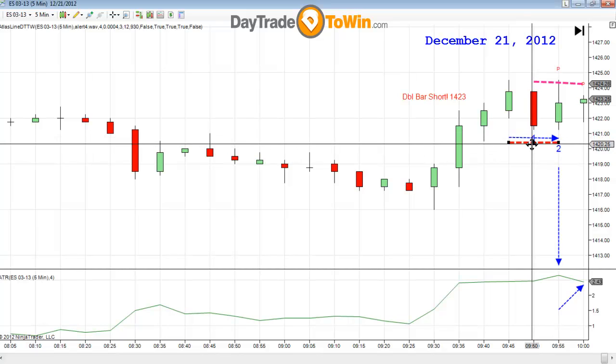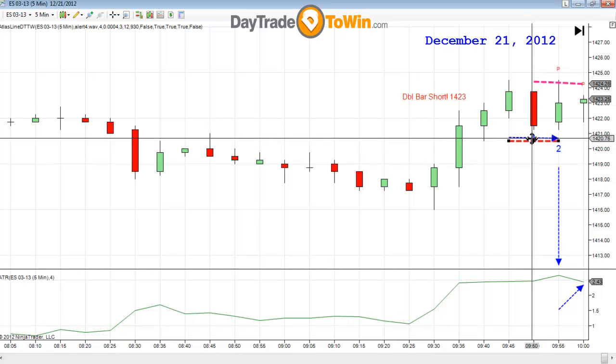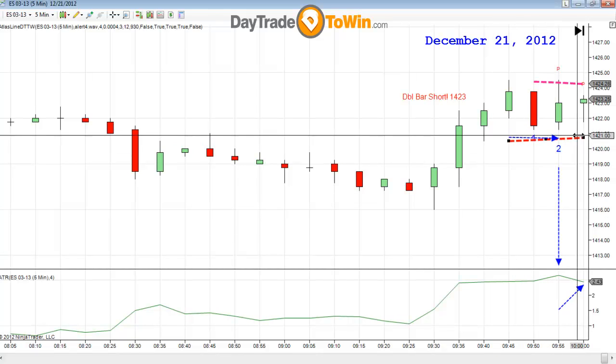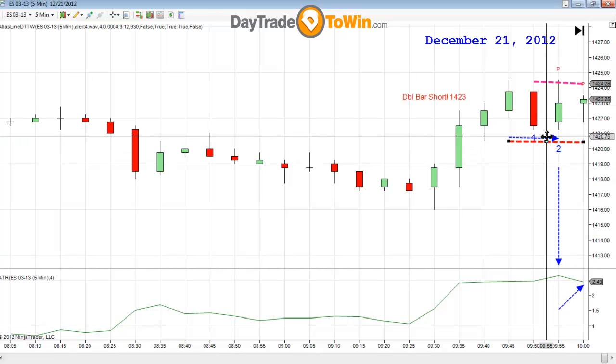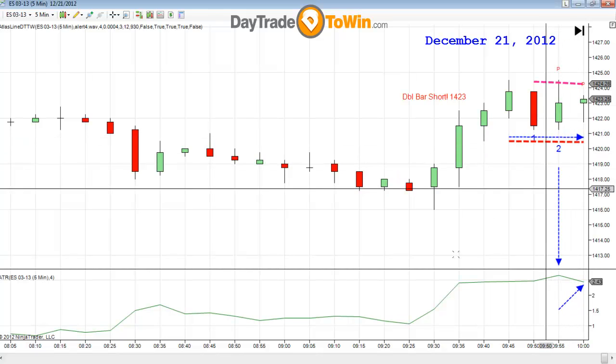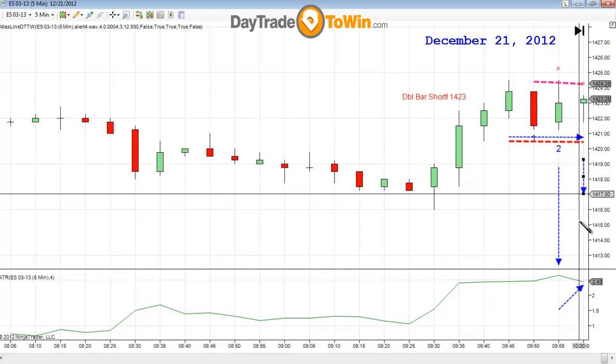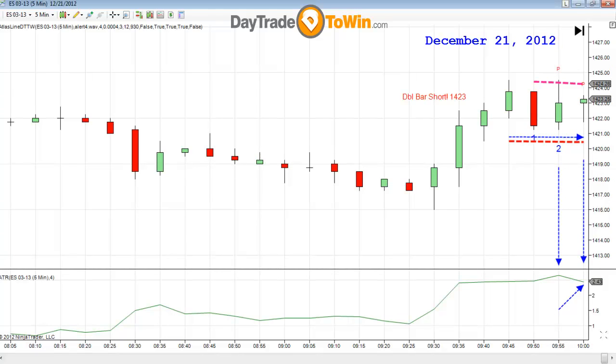So 1420.50, 1420.75. So what I'm doing is I'm managing the trade based on the current conditions, referencing the ATR. So if initially I wanted 2.5 because it was here, now the market is contracting or maybe ranging or whipsawing, whatever it may be doing. But now the last 4 bars, it's 2.25 points.